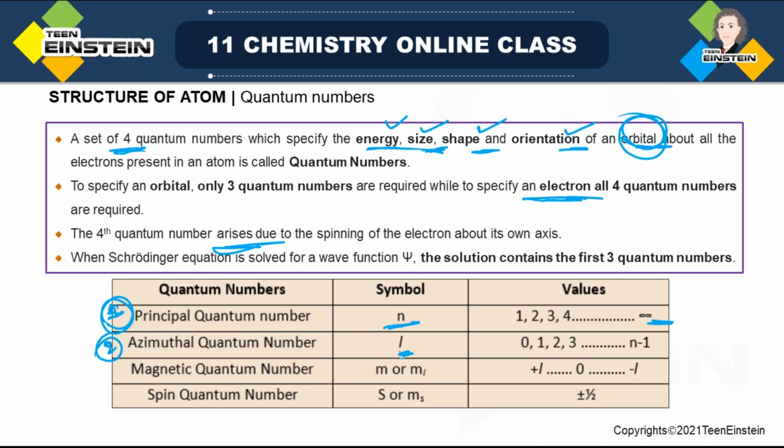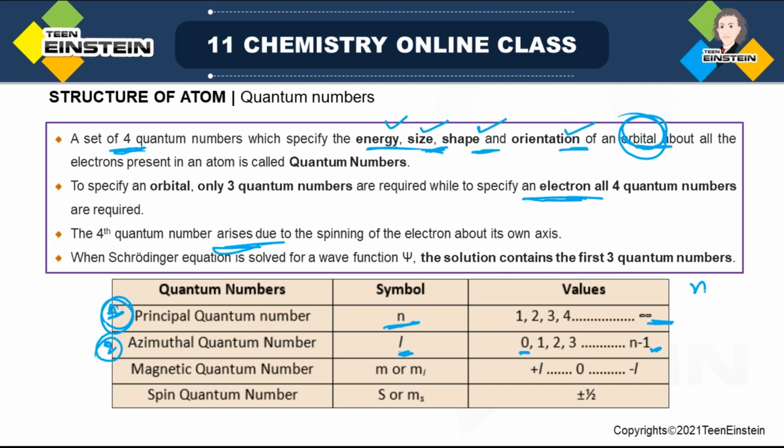How many l values are possible depends on the previous quantum number, n. The principal quantum number starts from 1 up to infinity, but l can start from 0 and end at n-1, not further.